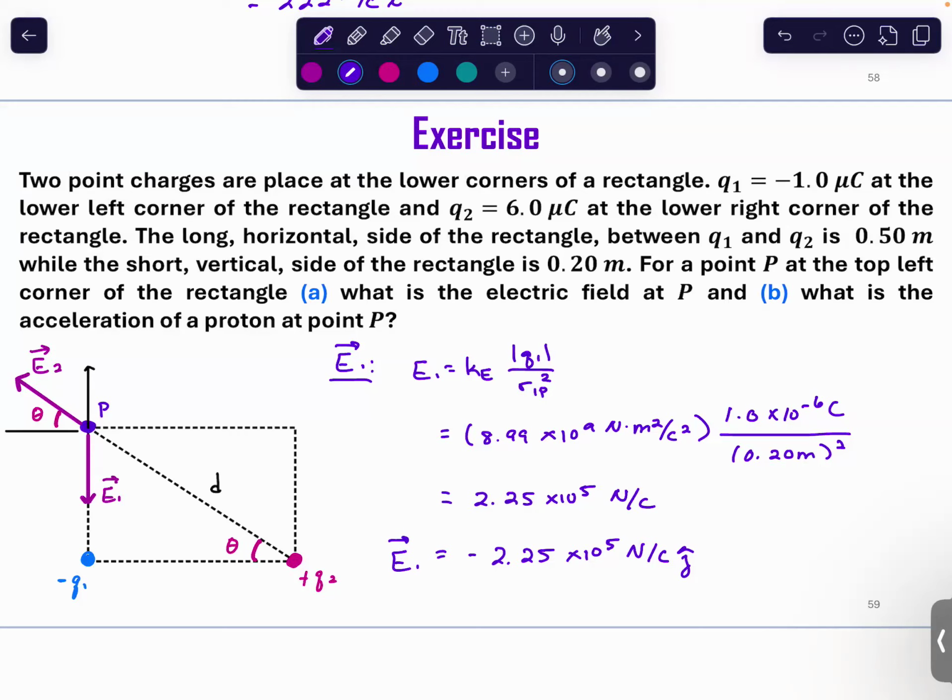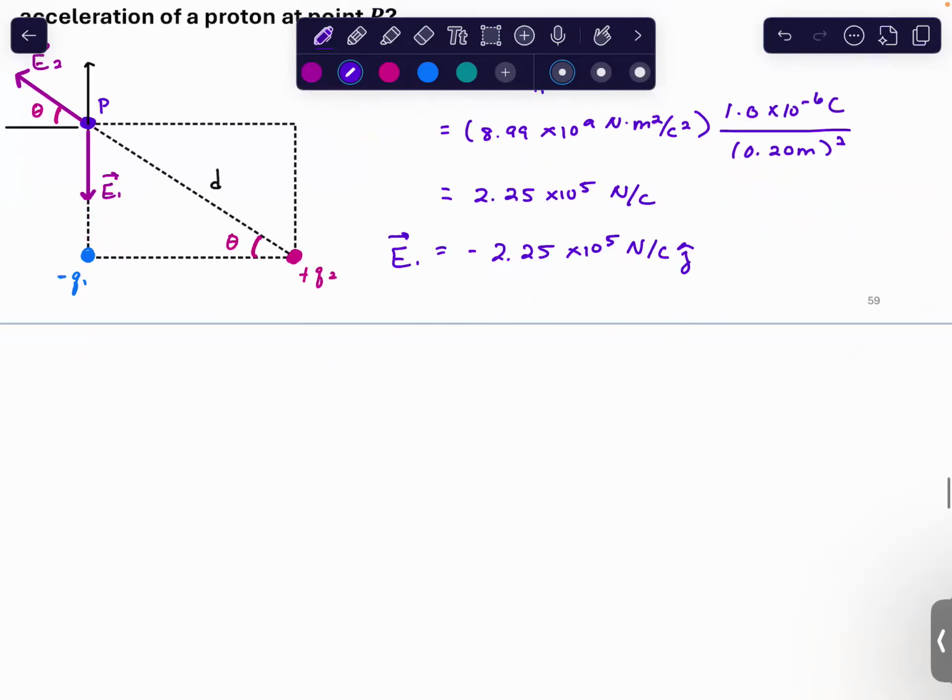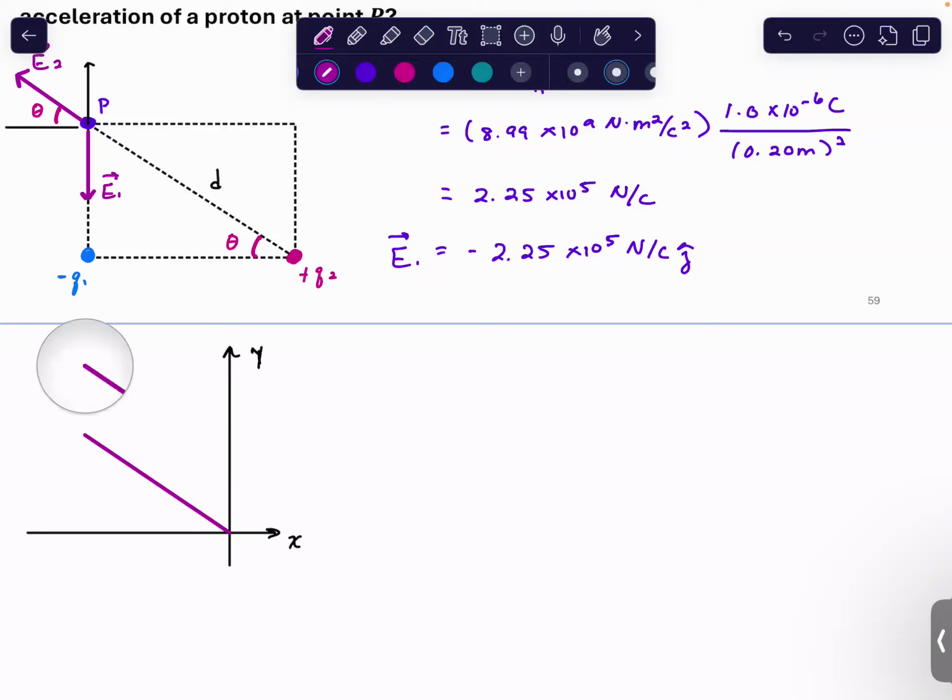Now we have to find E2, and we're going to need two components. And we said that angle's theta.